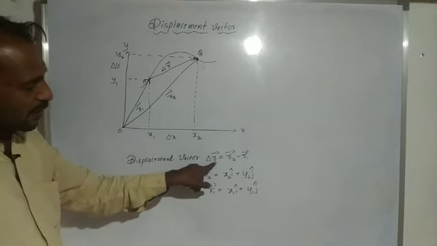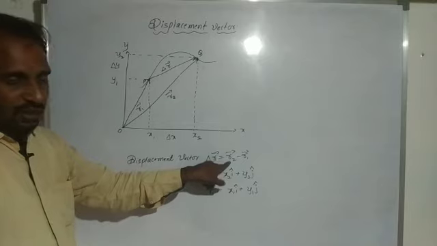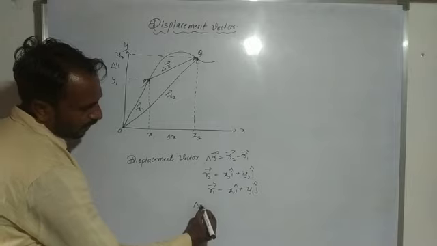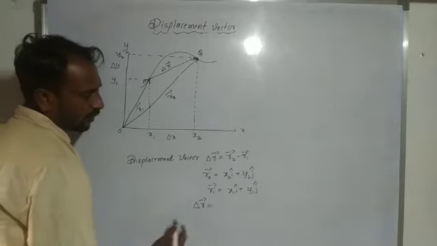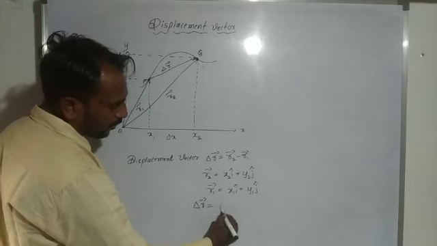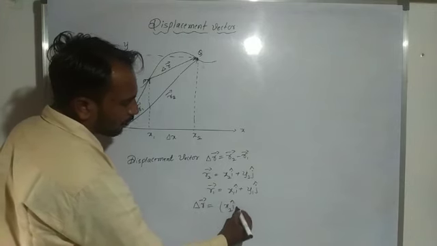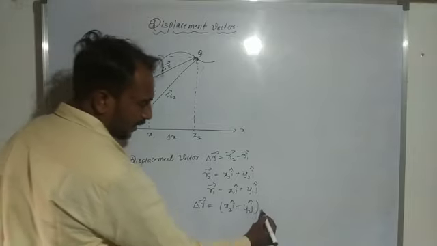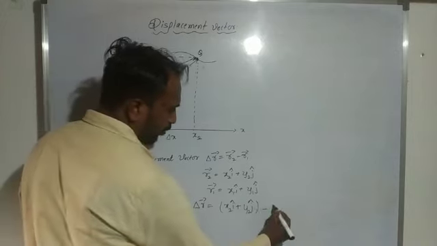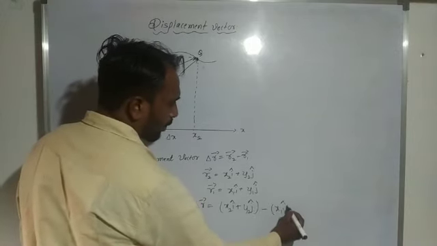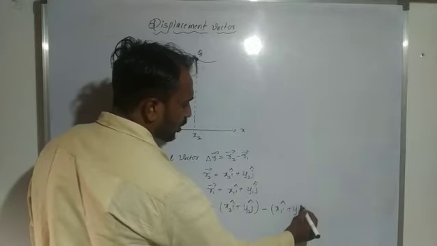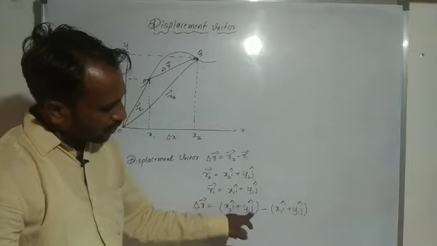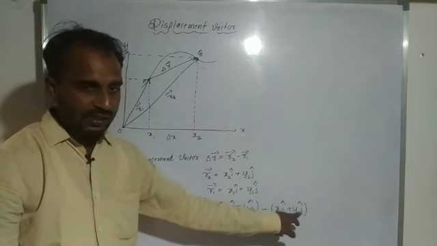We already know that the displacement vector is equal to position vector r2 minus position vector r1. So the displacement vector delta r is equal to x2 i cap plus y2 j cap, minus x1 i cap plus y1 j cap.